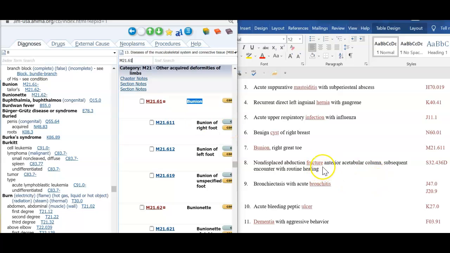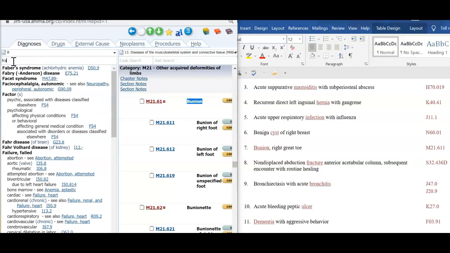This one here, it's a few steps. Let's look. We have a non-displaced fracture, anterior acetabular column, subsequent encounter with routine healing. So my one thing here, I'm going to go to fracture.